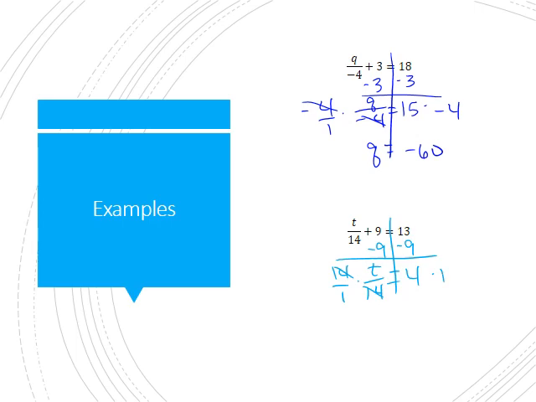I have to multiply by 14 over on this side, so t equals, well, 4 times 10 is 40, 4 times 4 is 16, 40 plus 16 gives me 56. So, t equals 56.